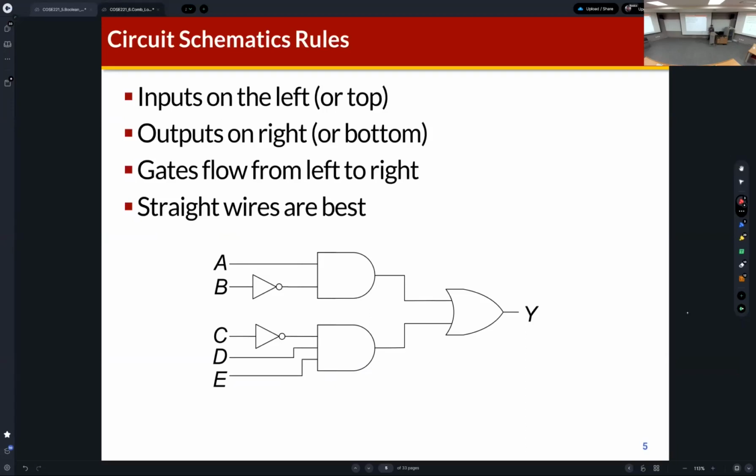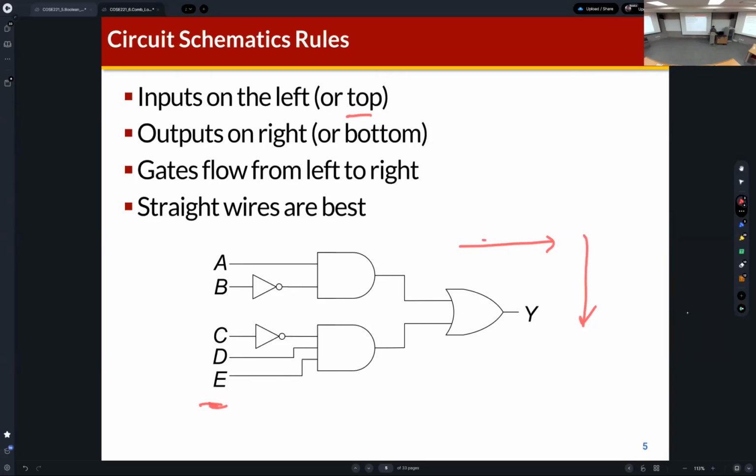Then we also need to follow some rules for drawing a schematic. Usually the input is placed on the left or top. So input starts from the left or top. The signals flow from left to right or top to bottom. These are the normal schematic rules. You can usually follow these schematic rules.